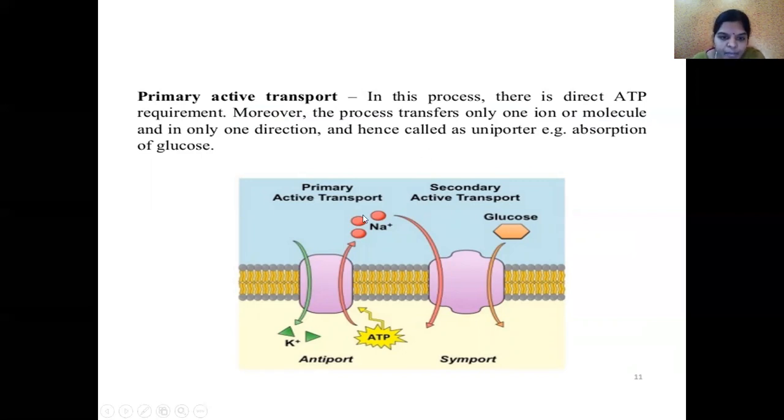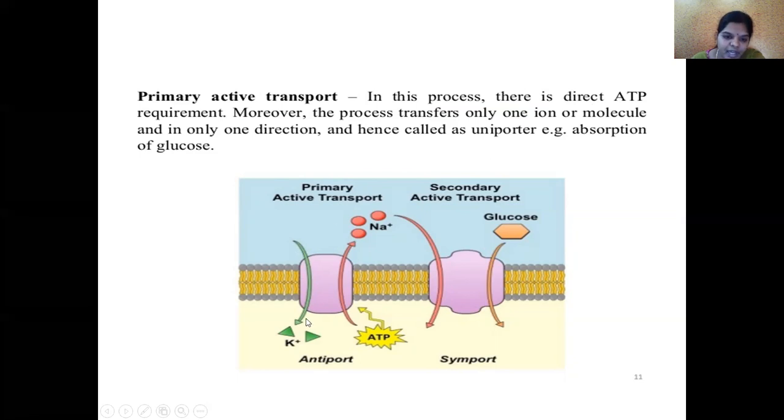See here, primary active transport, and this is secondary. We just leave that for some time. Now I am telling about primary active transport. Here it requires energy. In this process there is a direct ATP requirement. Moreover, the process transfers only one ion or one molecule in one direction, and hence is called a uniporter.